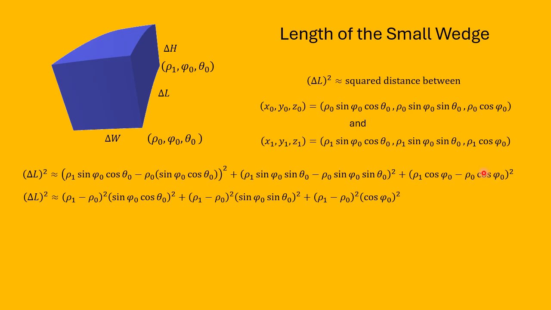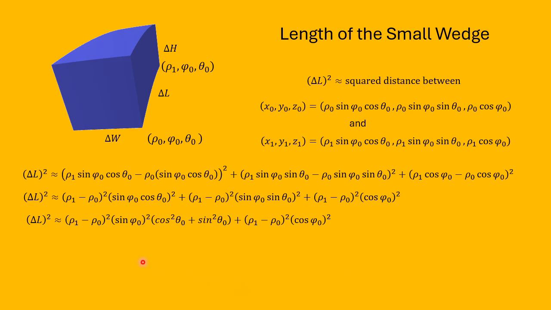And then over here, this has cos φ₀, this also has cos φ₀, so this squared term we can write as (ρ₁ − ρ₀) squared times cos² φ₀. Well, so we made a little bit of progress by just factoring out some things.